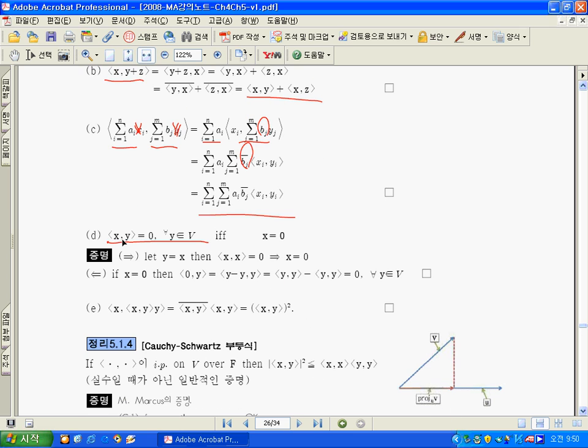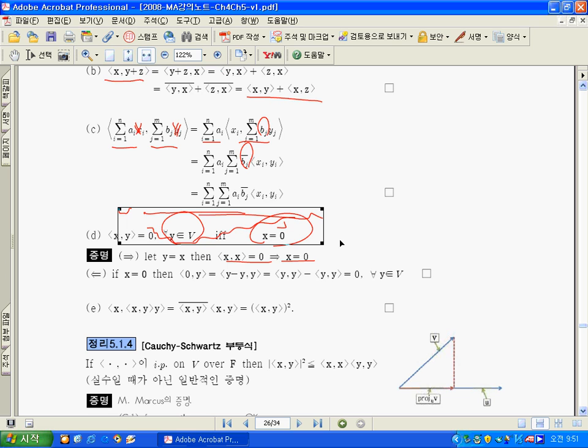Also, if the inner product of x and y is 0 for all y in V, then x should be a 0 vector. It's easy to show. Let y equal x, then the inner product of x and x is equal to 0.